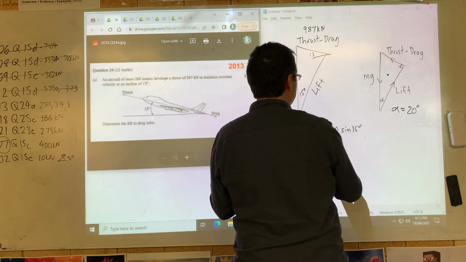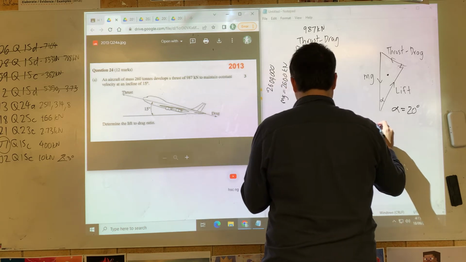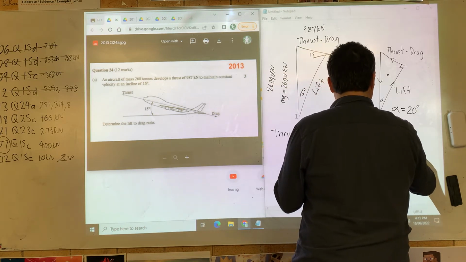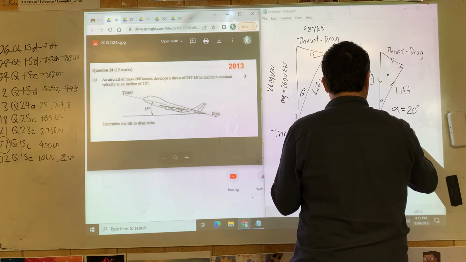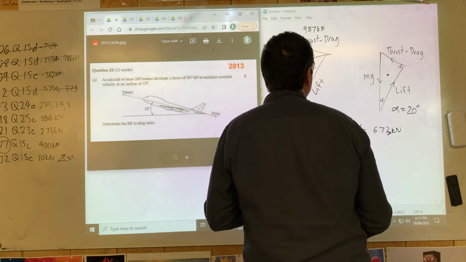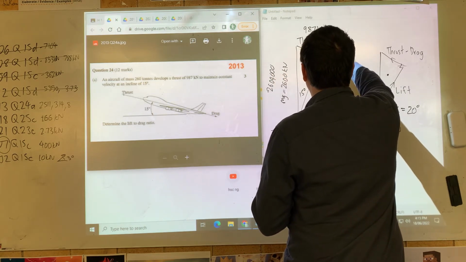And we predict that this should be a number much smaller. So that's going to equal 672, we'll call it, round up to 673. So our thrust minus that amount of drag gives us this number.